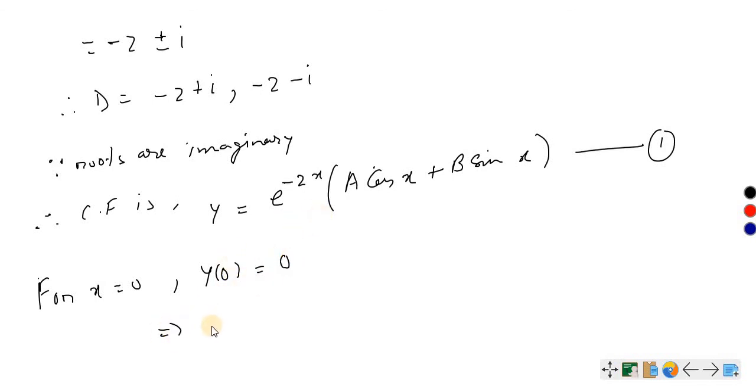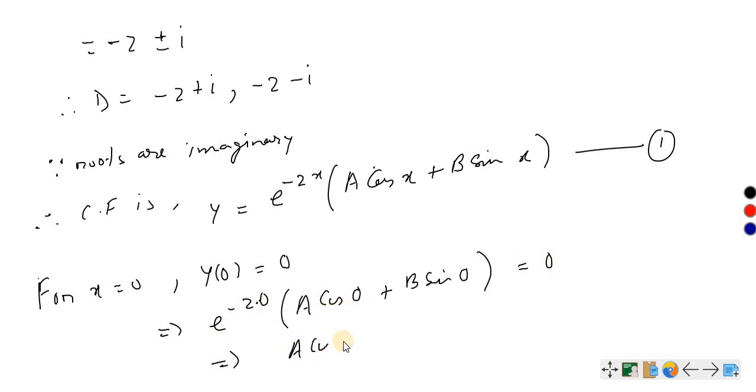So in that case, e to the power minus 2 into 0, a cos 0 plus b sin 0 equals 0. It means e to the power 0 is 1, so I'll be left with only a cos 0 equals 0, or a equals 0. So my constant a equals 0 here.